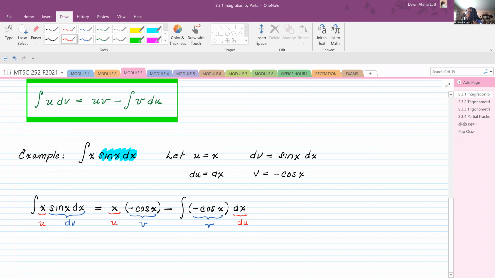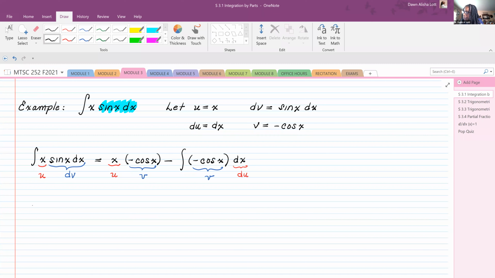It is straightforward substitution: the integral of u dv is equal to u times v minus the integral of v du. Just get it on the paper. Wouldn't that just equal negative x cosine x? Okay, good.